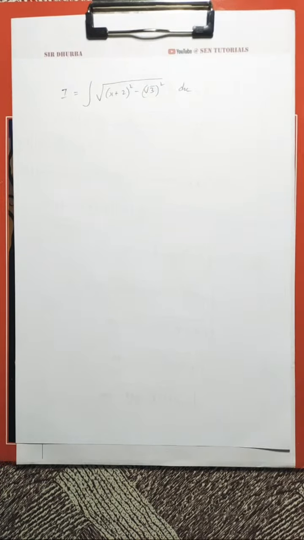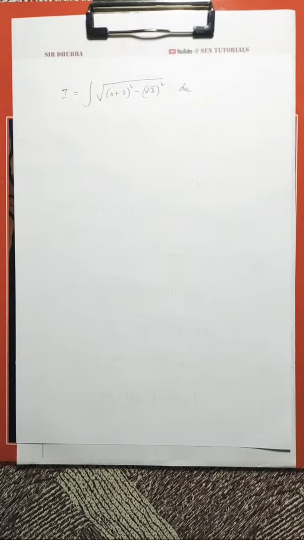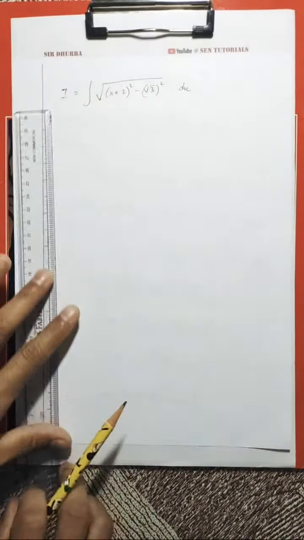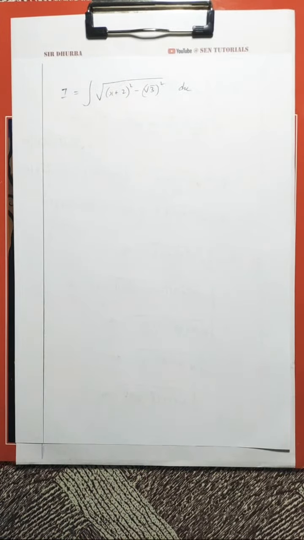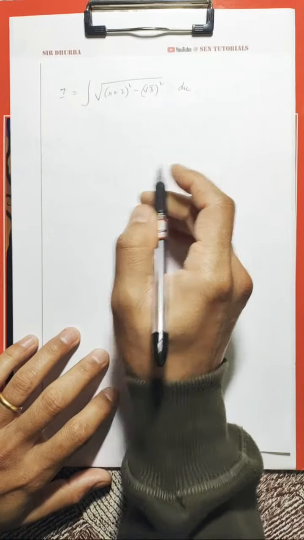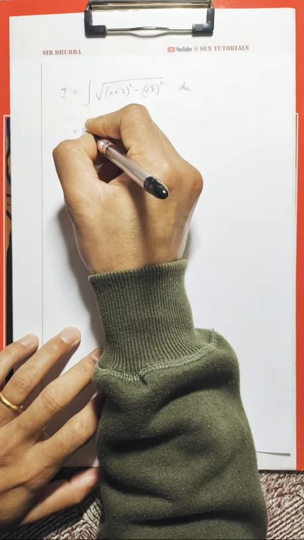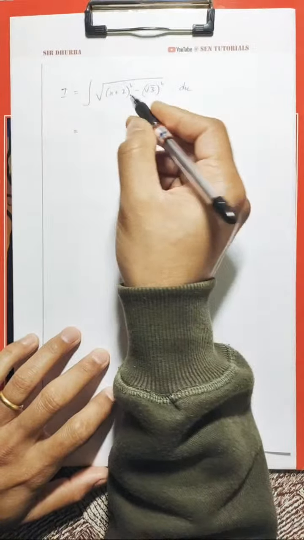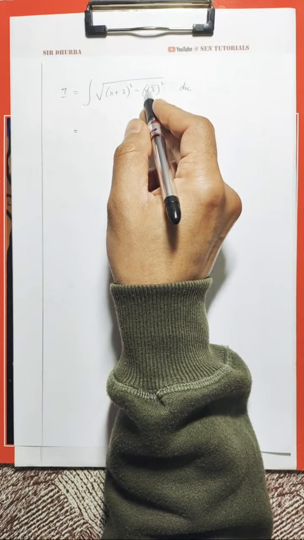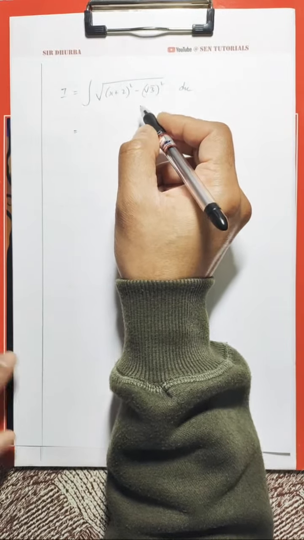Alright, we can apply the formula now. So here the formula will be root over of x square minus a square. So that's that first one, if you have written down the formula, number 1.